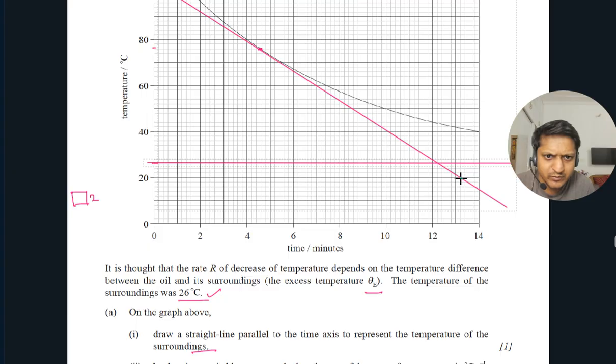So this point will be like 20 here, and it would be like 13. So one box here, 10 boxes for 2, so 0.2.